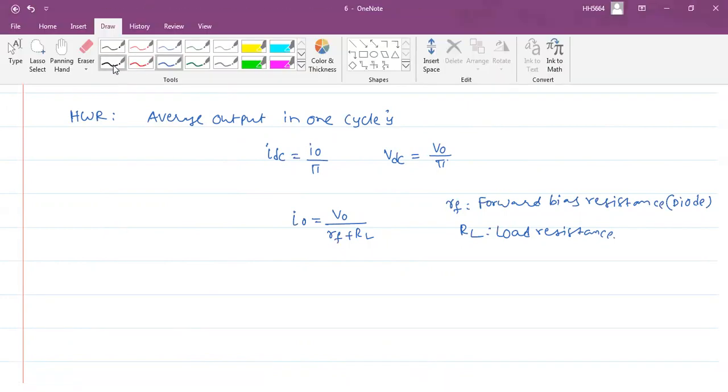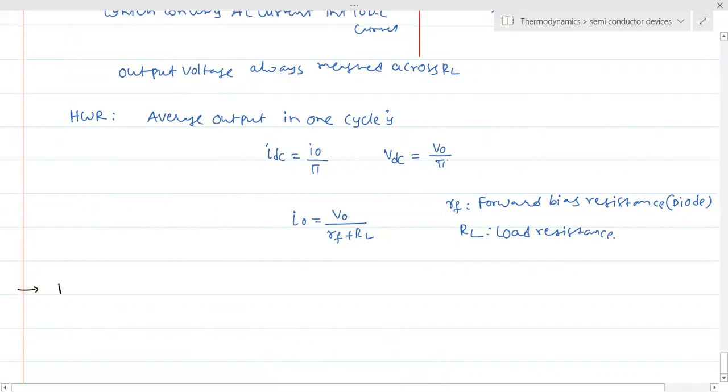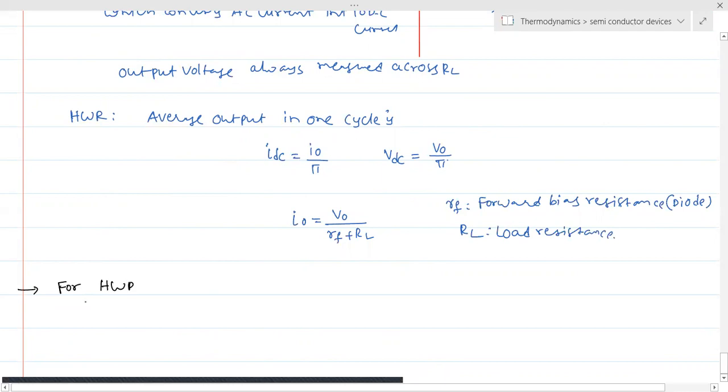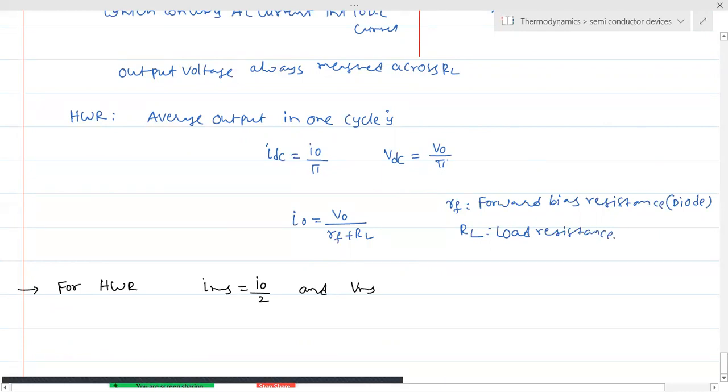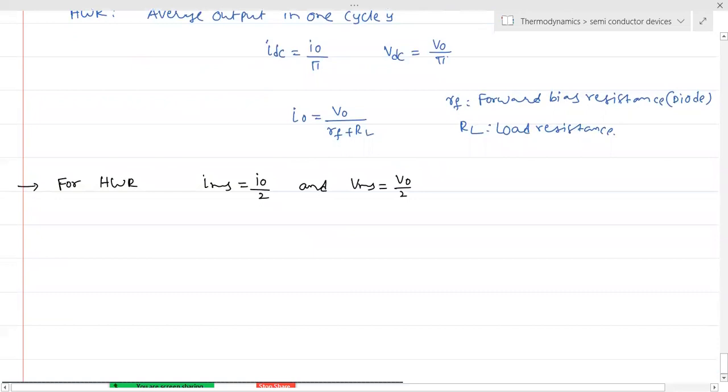That is for the half wave rectifier. In the chapter AC circuits also we will study IRMS equivalent to I0 by 2, and VRMS equivalent to V0 by 2. Generally, we study RMS current in AC circuits, and here we need some important factors.